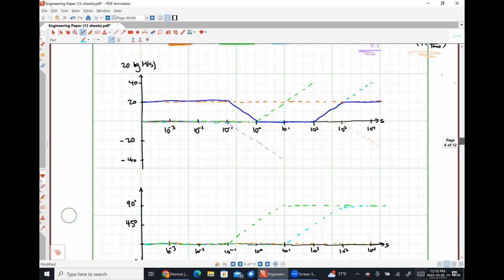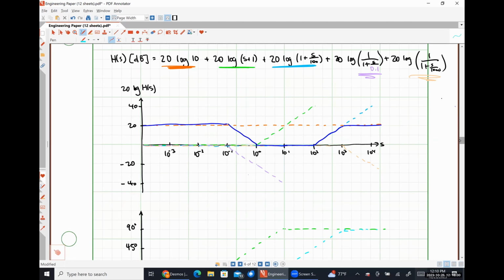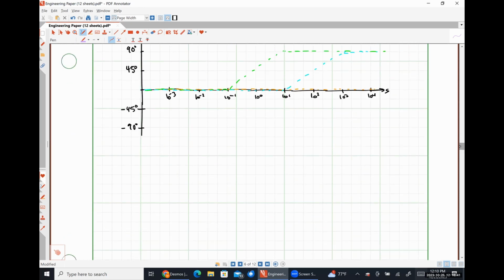Then I have my pole contributions. So at 10 to the minus 2, it should be 0. At 10 to the 0, it should be negative 90. Mine could be prettier, but you guys get the gist of it.